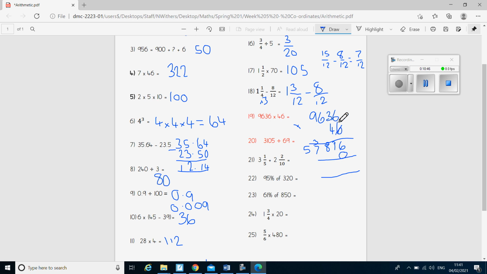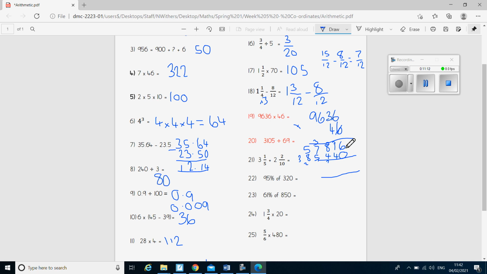Then I've got 4 times 6, which gives me the answer 24. 4 times 3 gives me the answer 12, but add my 2 gives me 14. 4 times 6 is 24, add my 1 gives me 25. And 4 times 9 is 36, add my 2 gives me 38.